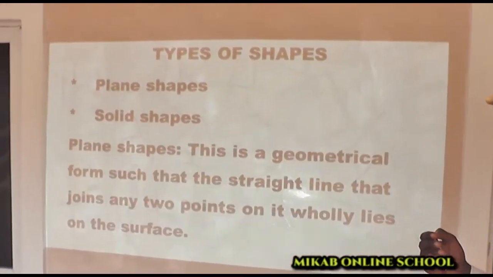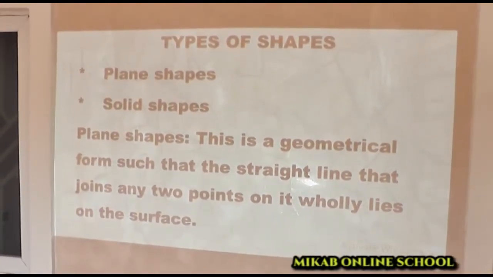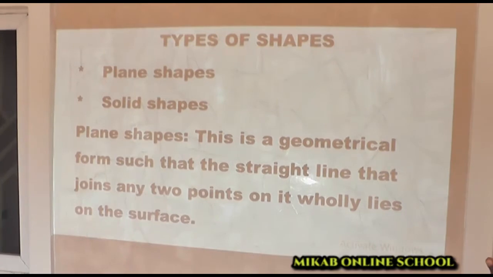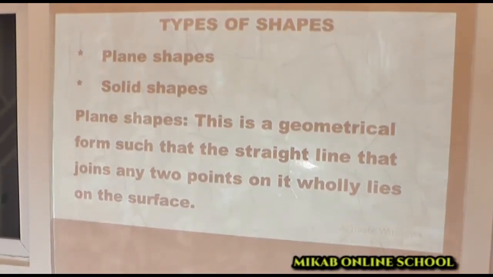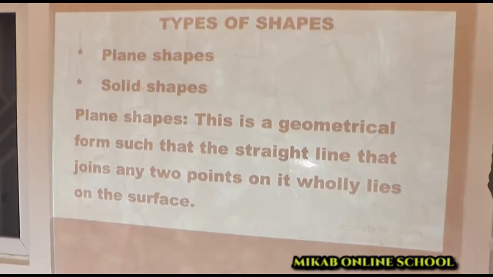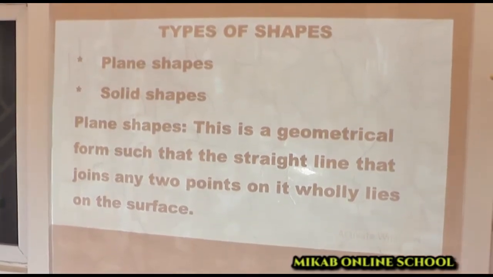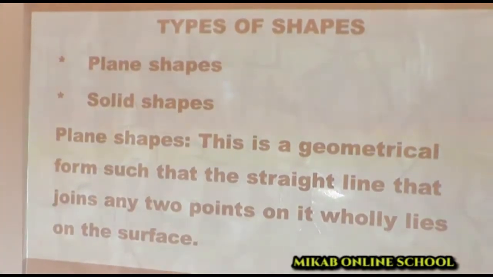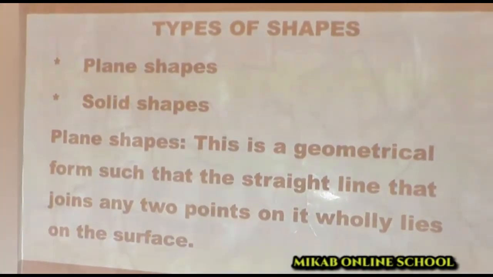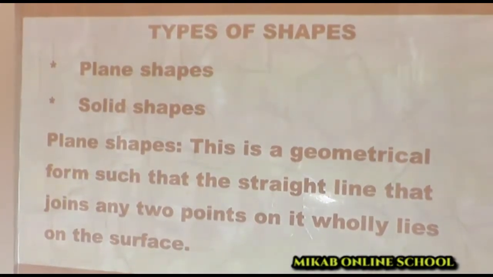In the case of plane shapes, it is defined as a geometrical form that can be represented wholly on a surface. We can as well define it as a geometrical form such that the straight line that joined any two points on it wholly lies on the surface.